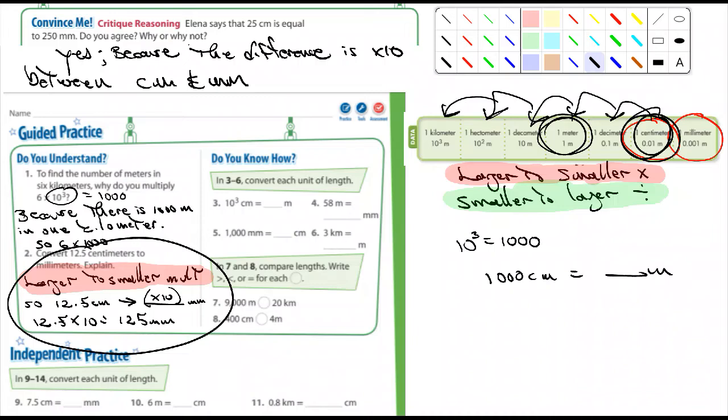Each time I just multiplied it by 100. So the answer would be 1 meter. Questions on that, anybody? Or not 1, 10. 10 meters. Questions on that?